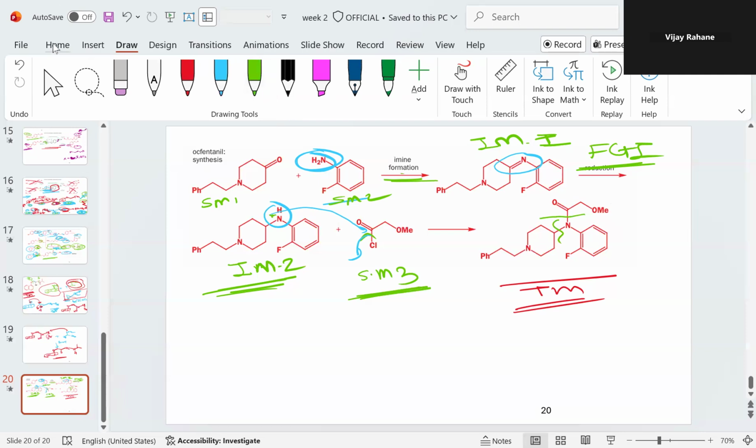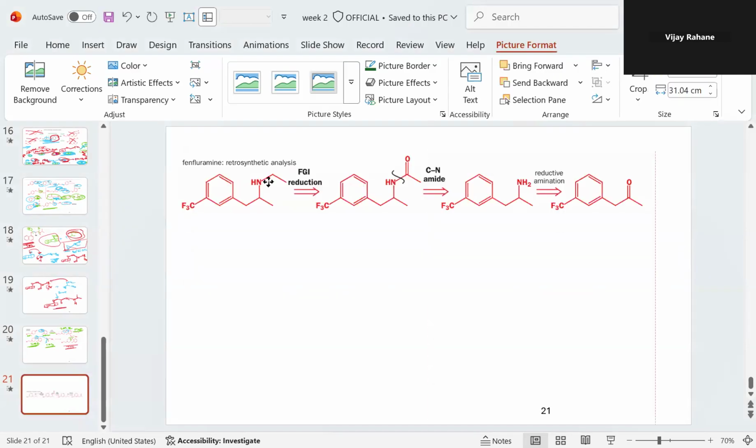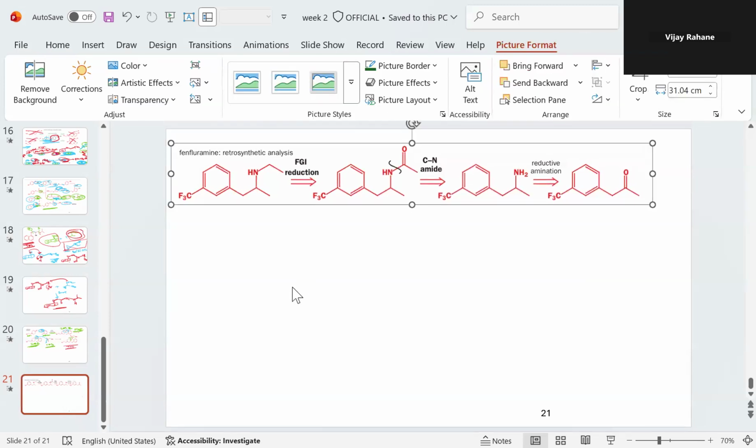Now we'll see some more examples on this FGI, functional group interconversion. Okay, so this is the retrosynthetic analysis of fenfluramine, which is again a natural product.